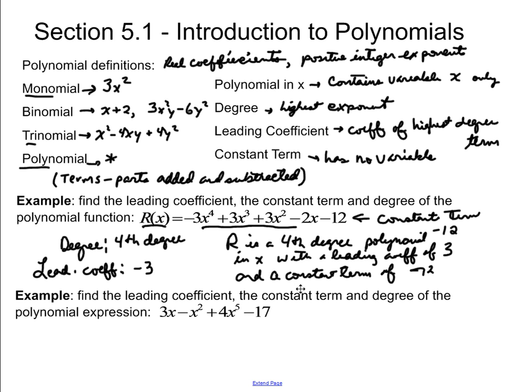Okay, so this is the way that we would fully classify our polynomial function.